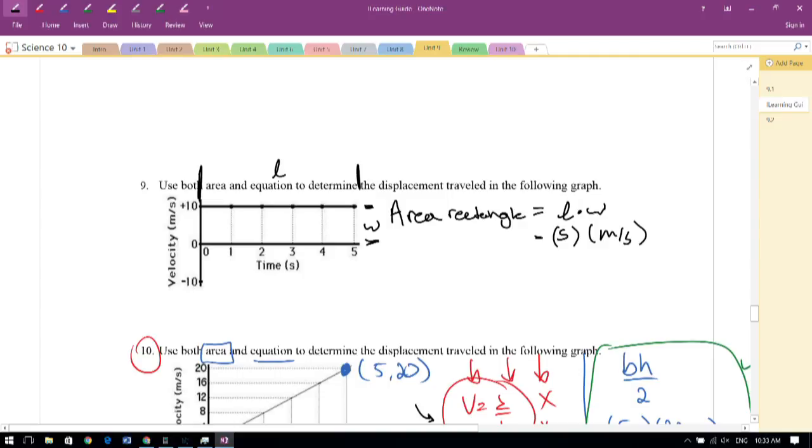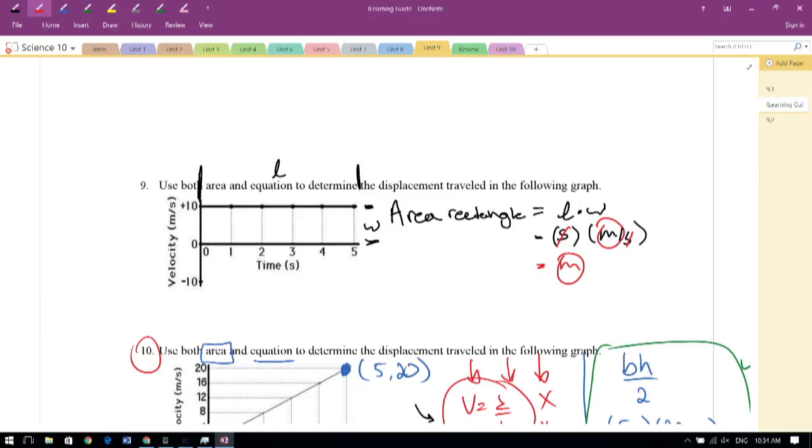If I multiplied seconds and meters per second together, what happens? Well, the seconds cancel on the top and bottom, and I'm left with units of just meters. So that means that if I take the area under the graph, I'm going to get displacement.